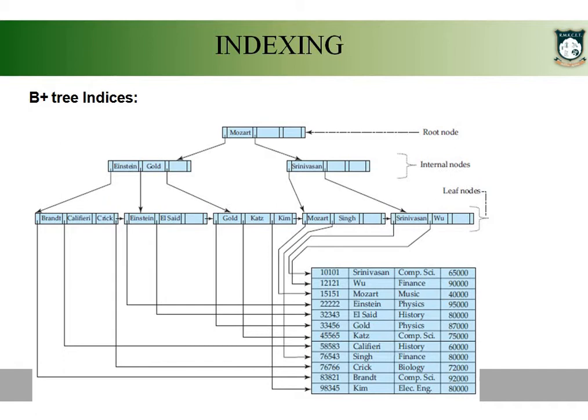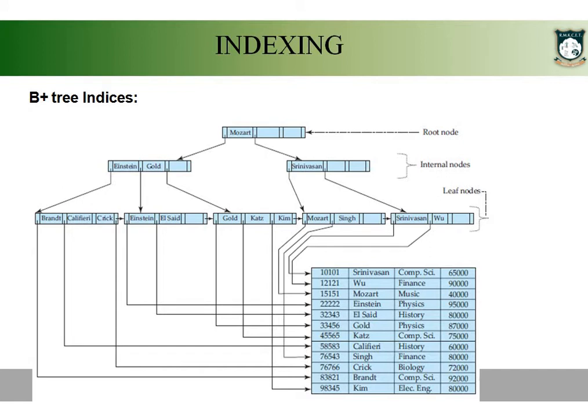The constraint for a leaf node is that it should have a minimum of 2 keys and a maximum of n keys.